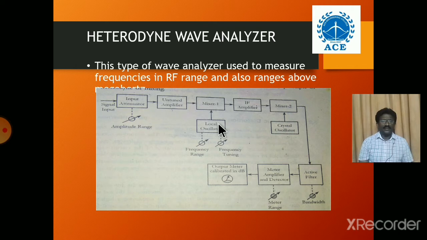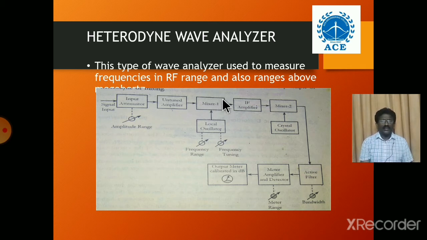The output of this local oscillator is varied and adjusted to obtain a constant frequency such that the frequency should be in the pass band of the IF amplifier. The output of mixer 1 is an IF signal. This is amplified by the 30 MHz IF amplifier.